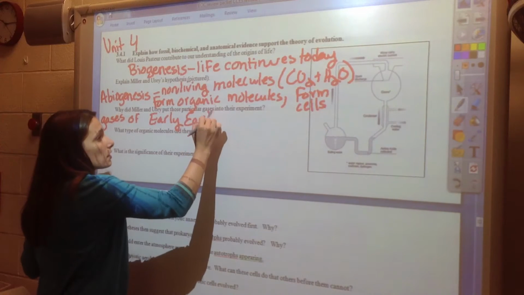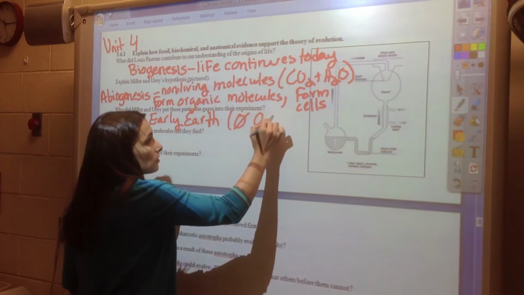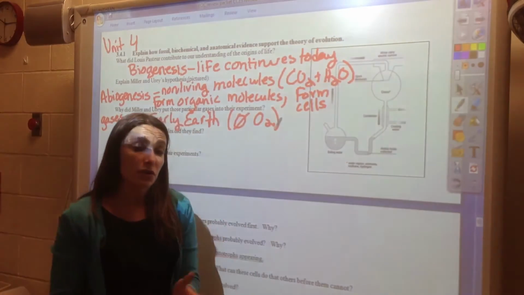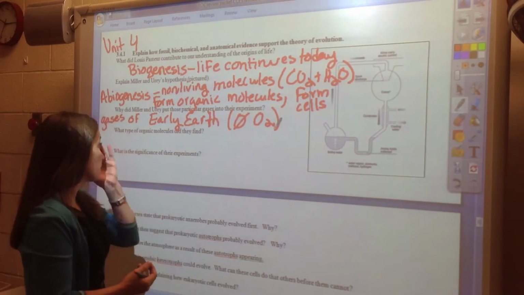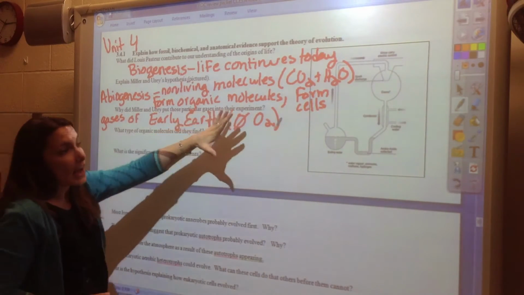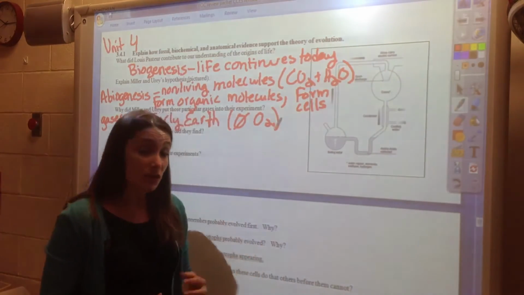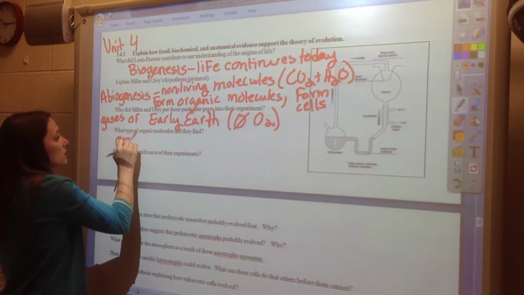What's important is that early Earth had no oxygen. And so if you look at this diagram of Miller and Urey's experiment, there was no O2 or oxygen there. When they added boiling water, these gases, and energy, such as from volcanic eruptions, they actually found that amino acids would form.